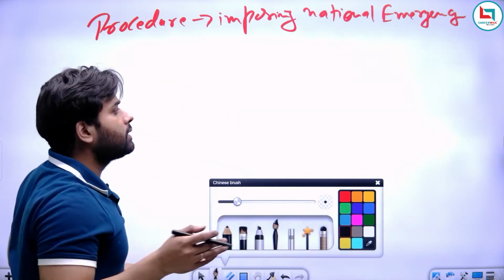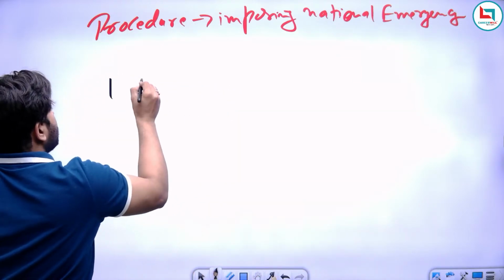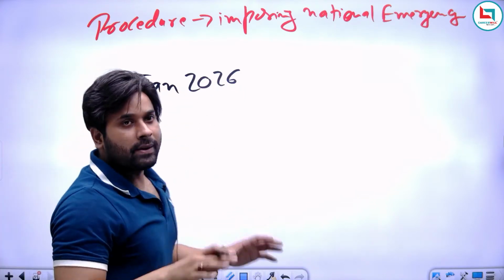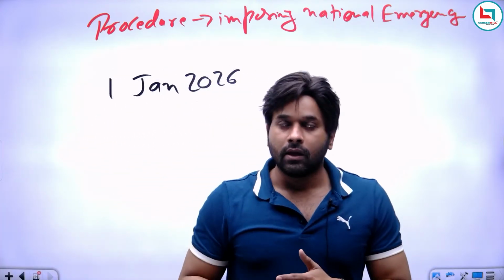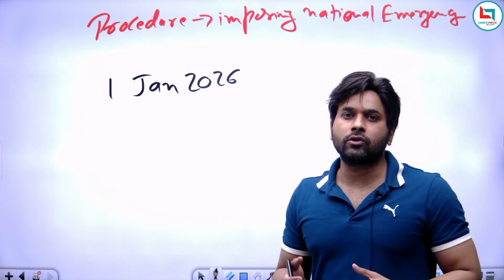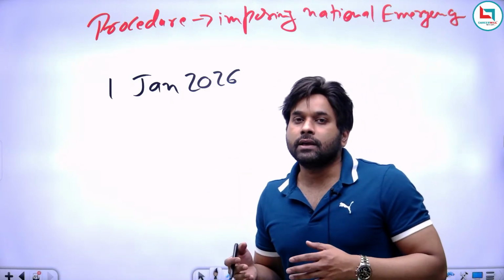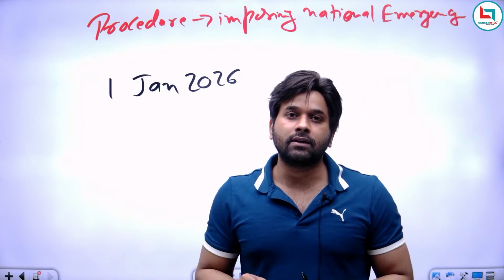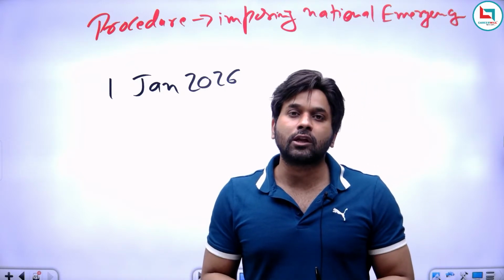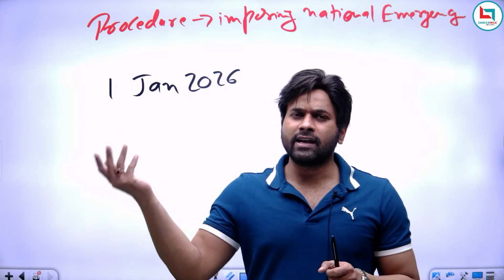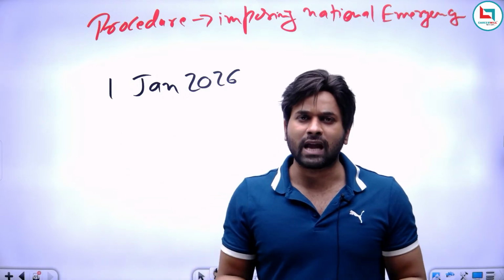Let us take example, suppose on 1st of Jan 2026. This should be considered as an example. Okay, so suppose on 1st of Jan 2026, the cabinet ministers gave the written recommendation to the President that you please impose national emergency on the ground of war, external aggression or armed rebellion. It depends upon the cabinet.